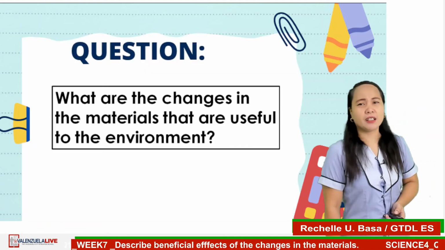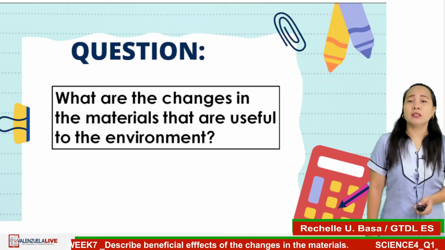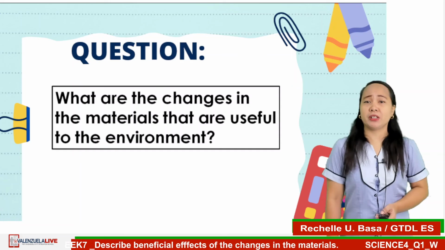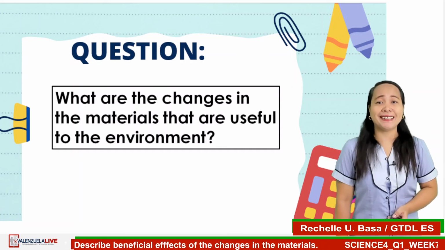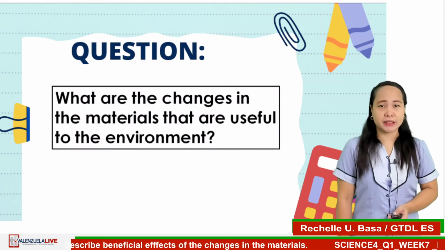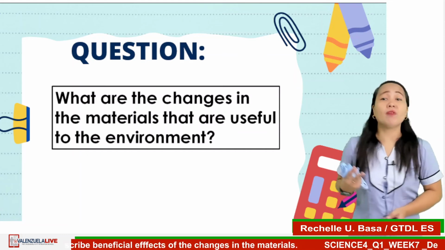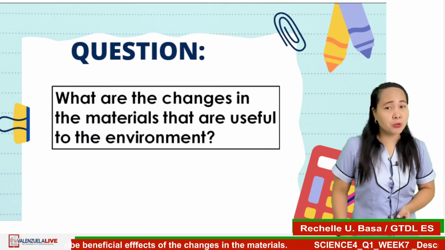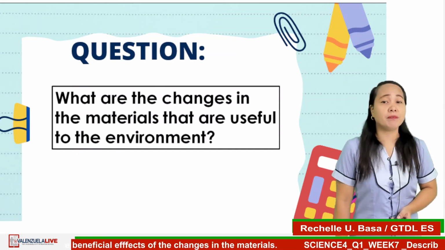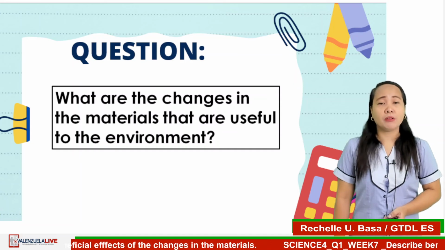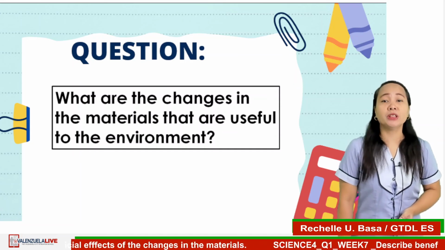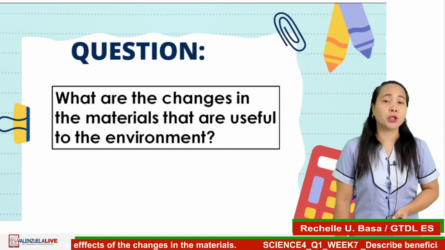I think some of the useful changes in the materials are cutting a piece of cloth to make it into handkerchief, cutting of fabric to make it into clothes, cutting and shaping of pieces of wood, lumber into chair. One thing more is changing wood into charcoal for cooking.